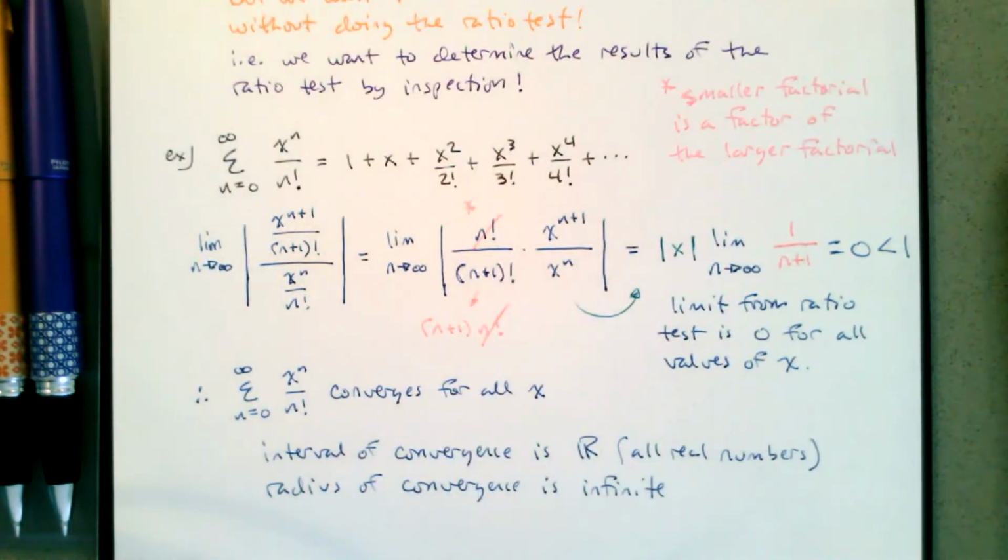This is a result that we got from running the ratio test, but we want to be able to see the result of the ratio test just by looking at the power series. We're trying to do enough ratio tests so that we don't have to do the ratio test anymore. This is the point of being in a math class. You want to learn math well enough so that you don't have to do the math anymore.